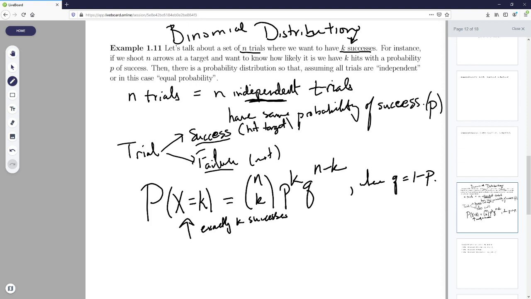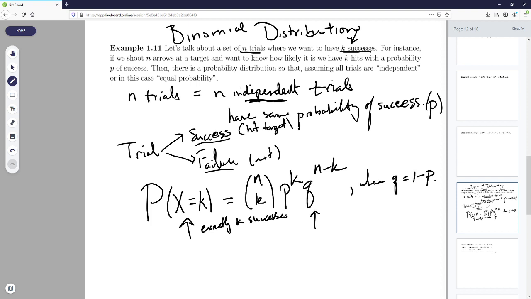Basically, we want to show that this is a probability distribution. Q is equal to 1 minus P is just notation.